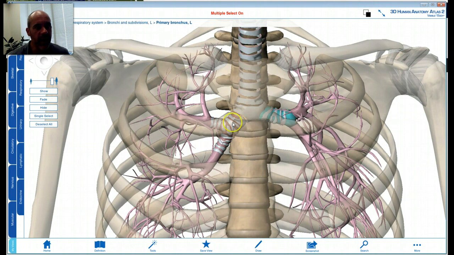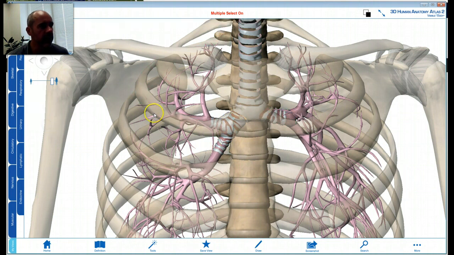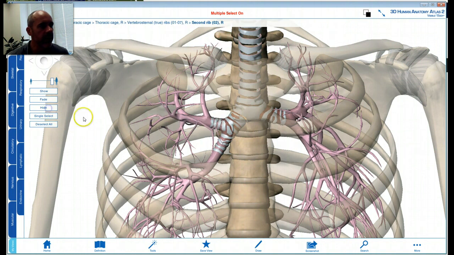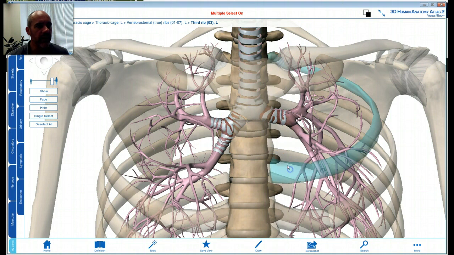All right, and what I'm highlighting here in blue now, well, not that one, hang on, deselect all, let me get rid of the rib. I'll say goodbye to some of the ribs so I don't highlight those any further. All right, these larger air-filled tubes that I'm highlighting there, those are called bronchi, any of those.